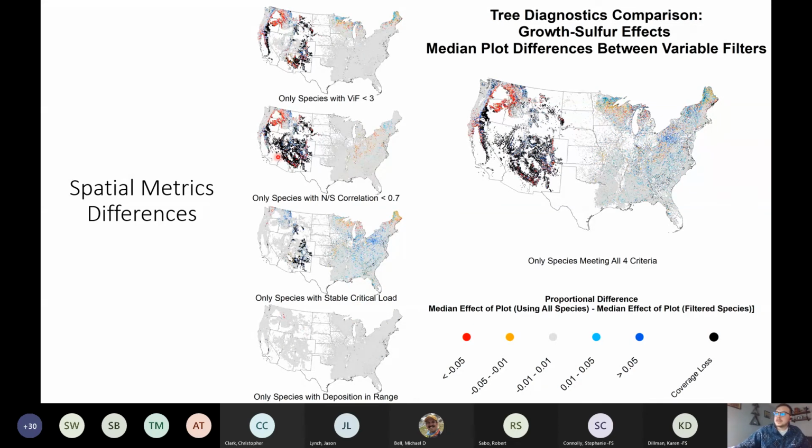If it's black, you actually lose coverage. So it means that after you've done that filtering, those species aren't present anymore. There's no coverage at that point of any species. So, we use it this way as well, just to show the range of what the impact might be after you've removed some of these uncertain species.